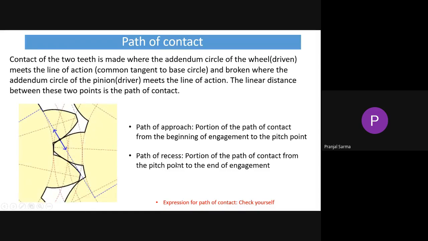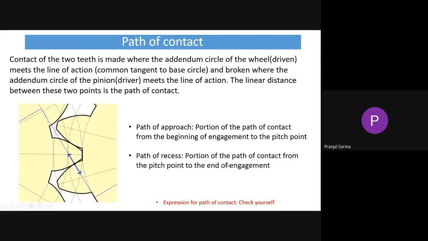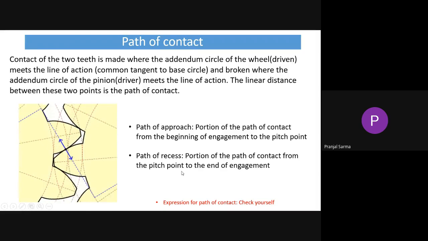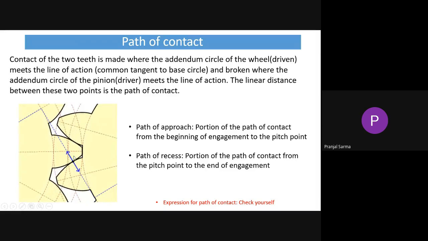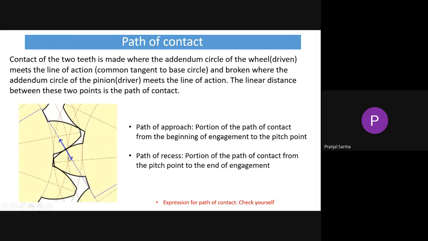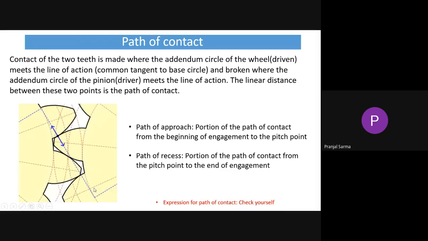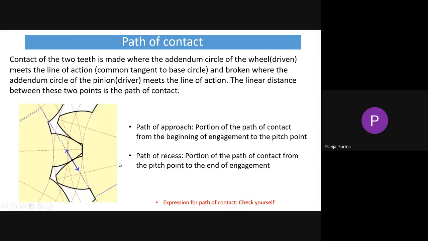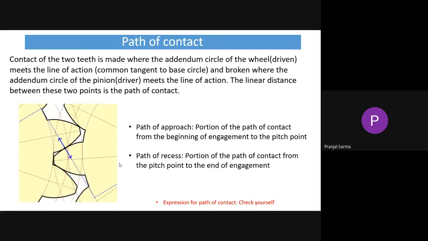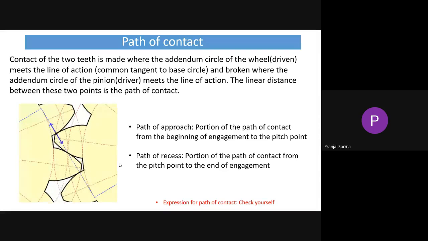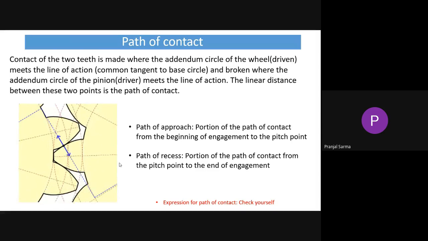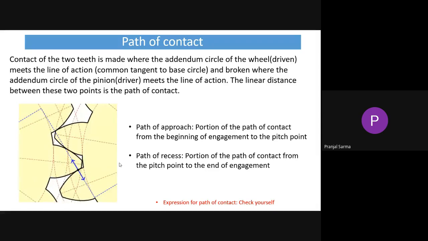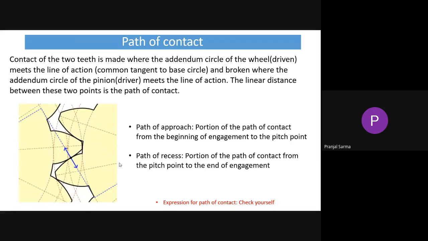The path of recess is the portion of the path of contact from the pitch point to the end of engagement. From the start to the pitch point is the path of approach, and from the pitch point to the end of engagement is the path of recess. If you add them up, you get the total path of contact. So you can go through any book and find the expression for path of contact, which is the summation of path of approach plus path of recess.